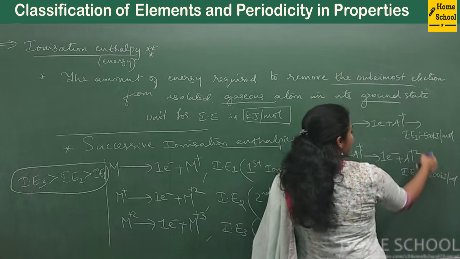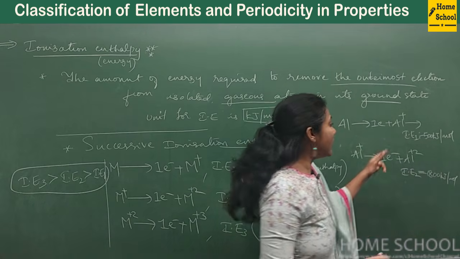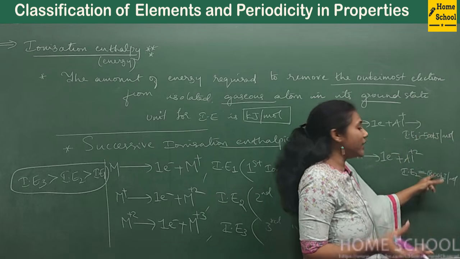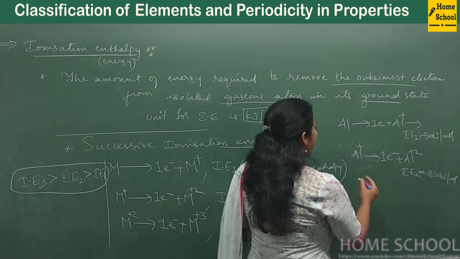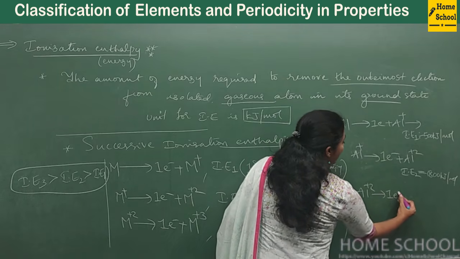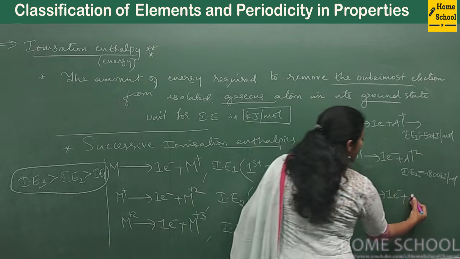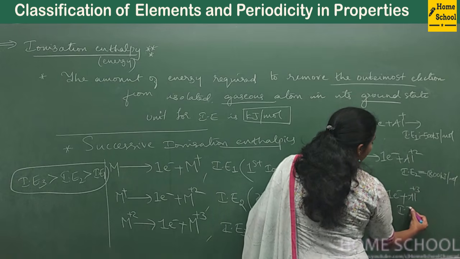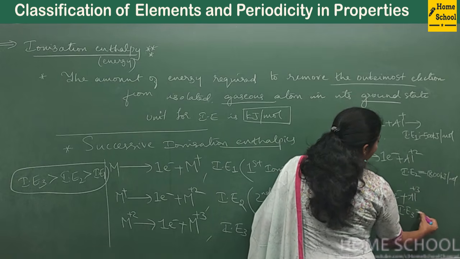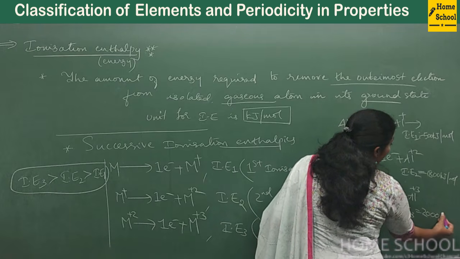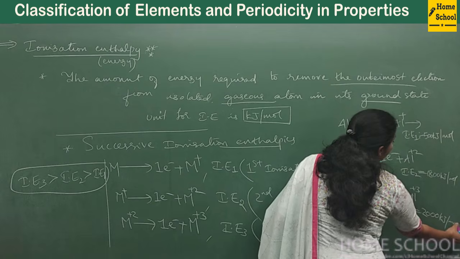I am actually giving approximate values, not exact values. Exact values are near to these values itself. From Al plus 2, I am removing one more electron, and this Al plus 2 gets converted into Al plus 3. Let this ionization enthalpy be IE3, and its value is around 2000 kilojoule per mole.